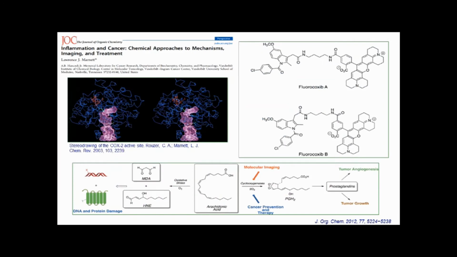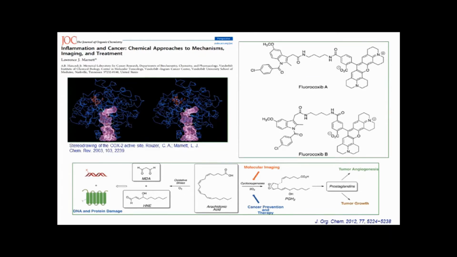So now, as you can imagine, there's a lot of interest in imaging cyclooxygenase 2 in cancer. And the group that has led the field is at Vanderbilt University, and they have been developing imaging agents to detect COX-2. So if you can visualize tumors that have high COX-2 expression, then you can choose them for COX-2 inhibition.